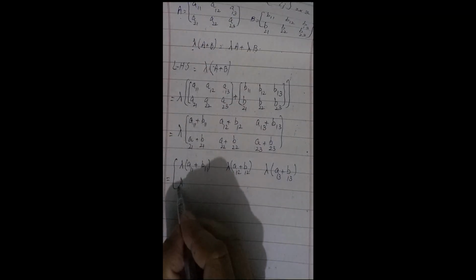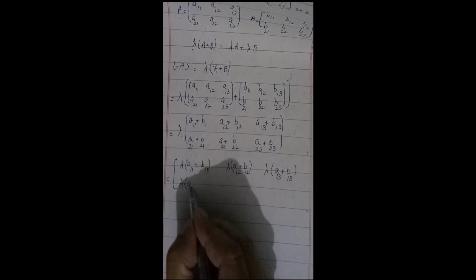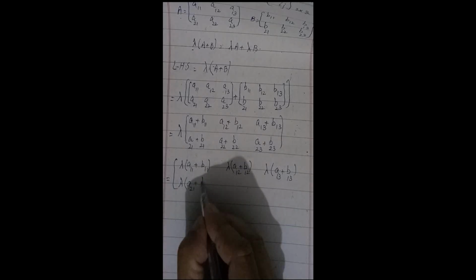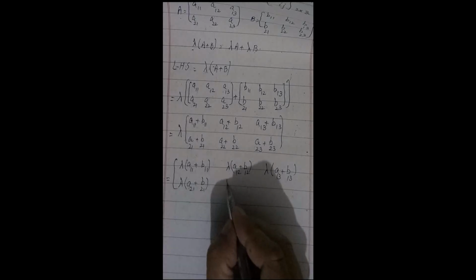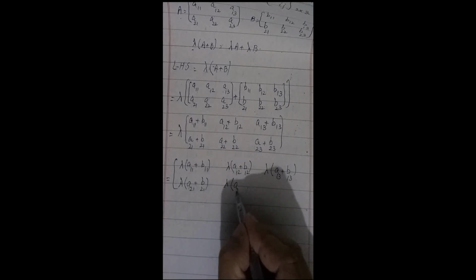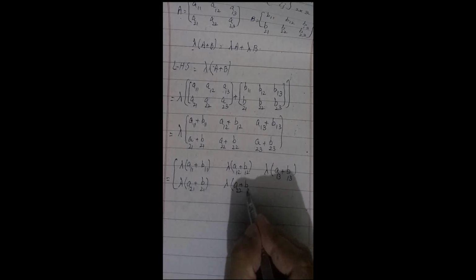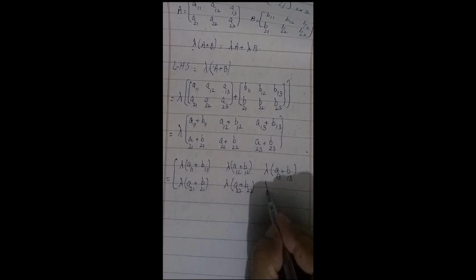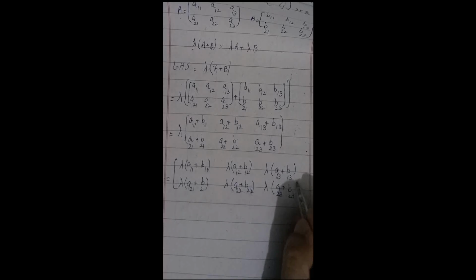And second row is lambda A21 plus B21, lambda A22 plus B22, lambda A23 plus B23.